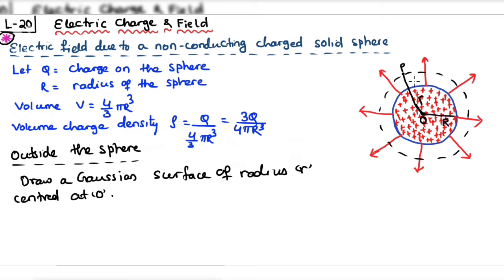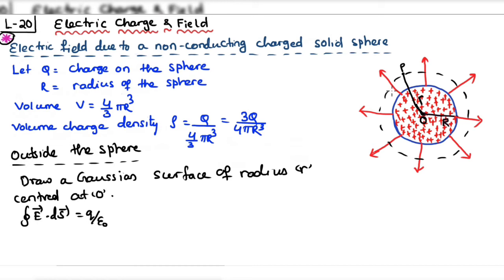Now we know that the mathematical statement of Gauss law is the closed surface integration of E dot dS is equal to Q by epsilon naught, where Q is the total charge enclosed by the Gaussian sphere. Now look at this Gaussian sphere, and we have already done this type of problems.